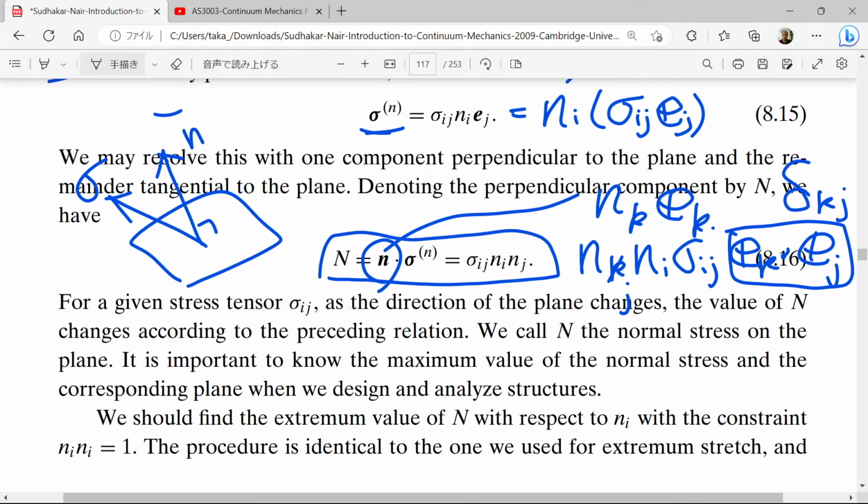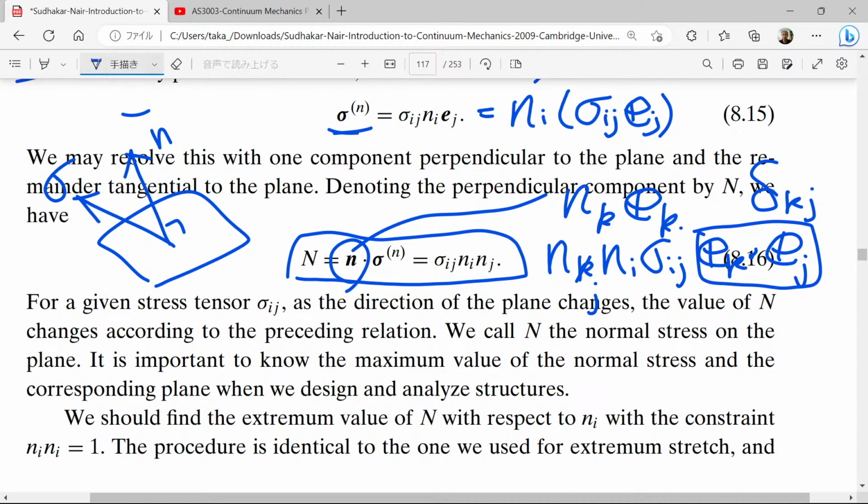The direction of the plane is this, nj. We can call N the normal stress on the plane. It is important to know the maximum value of the normal stress and the corresponding plane when we design and analyze structures.